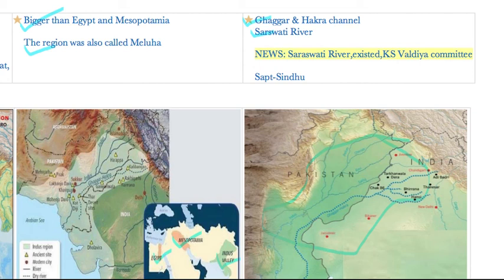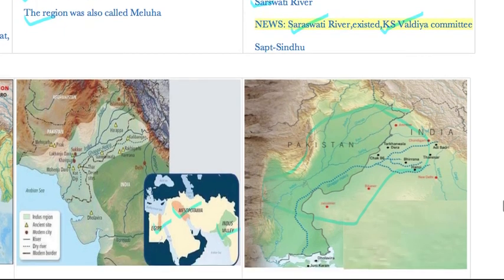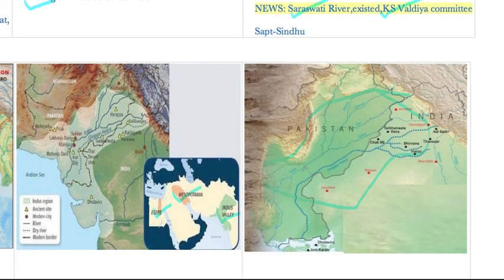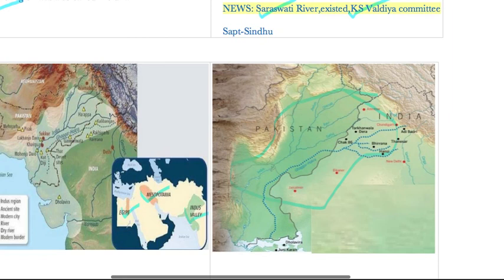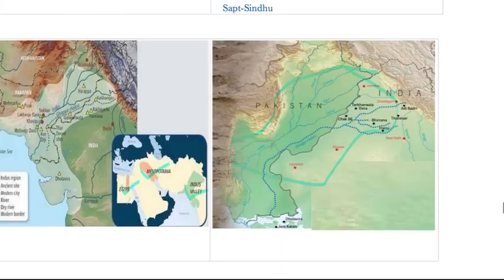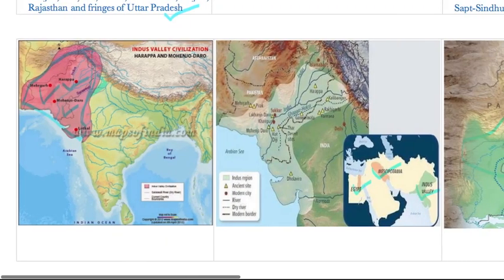Recently, a few months ago, there was a survey by the K.S. Valdiya committee, which confirmed that the Saraswati River existed. It was in the news, so a question might come. So this was the seventh river, and that is why this area was called Sapta Sindhu. And here, this dotted line, if you can see, was the channel of the Ghaggar and Hakra River or Saraswati River. So this was one fact.